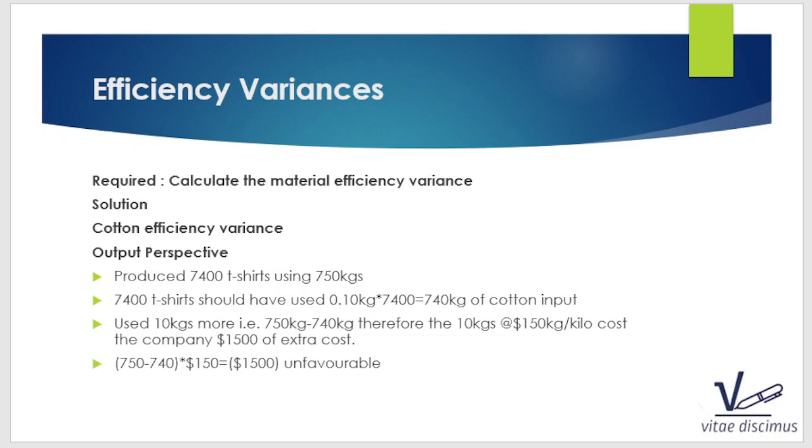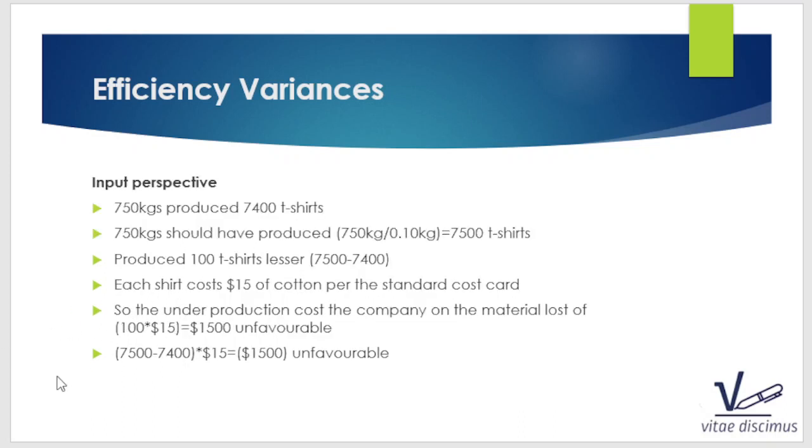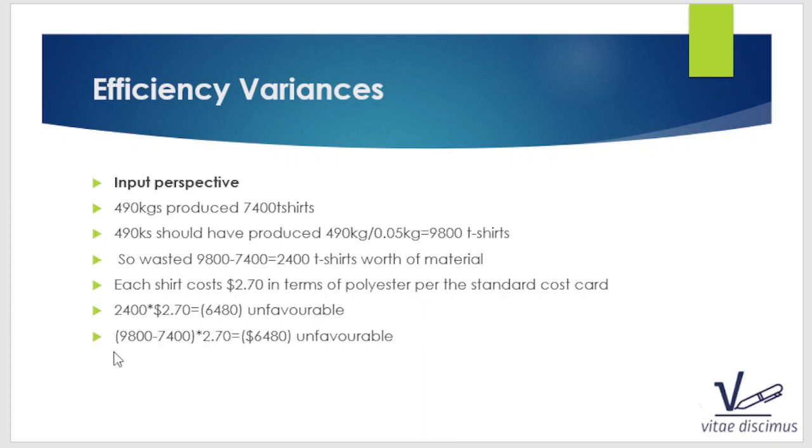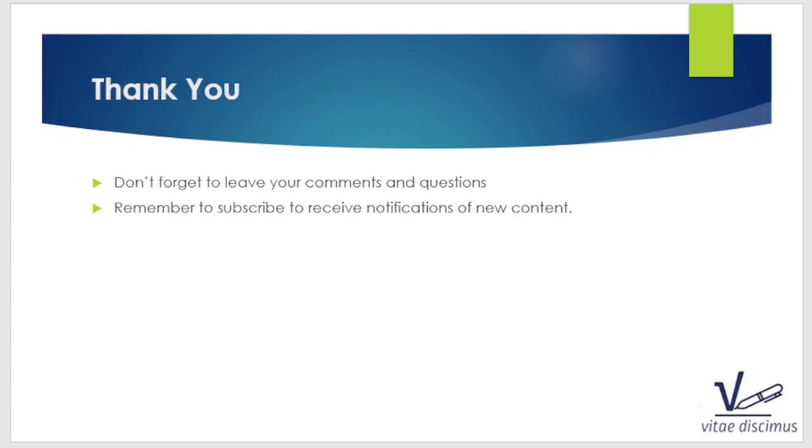Then from an input perspective, we also had that unfavorable of $1,500. Then we come to our polyester, unfavorable of $6,480 from an output perspective. Then if you want to look at it from an input perspective, you just do the same calculation, but the direction of thought is different. So that was basically how you go about your efficiency variances.